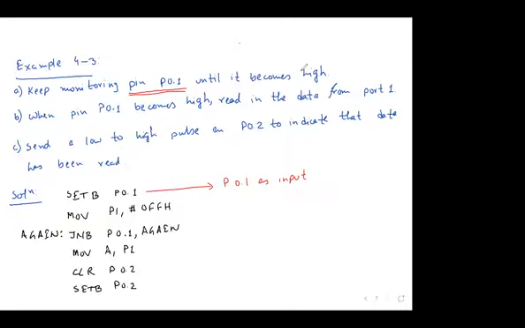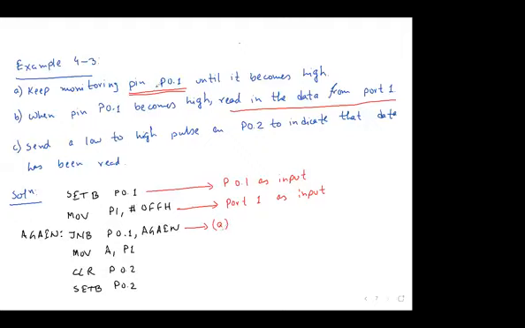Then when P0.1 becomes high, read in data from port 1. That means port 1 should also act as input. So in this line, we configure port 1 as input by sending binary 1. All right, so we are done up to this. This one gives you the solution of part A.